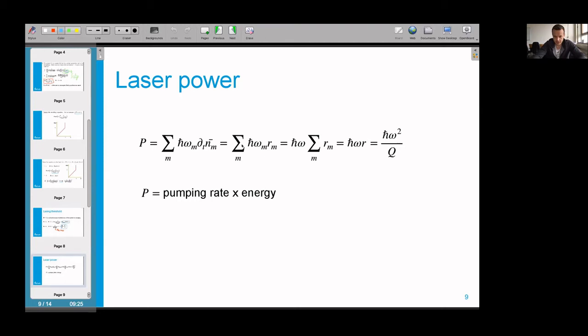And we can find that, a simple calculation, this is proportional to the energy times the pumping rate. So the power is the pumping rate times the energy, which makes sense. We pump energy out or in the system.